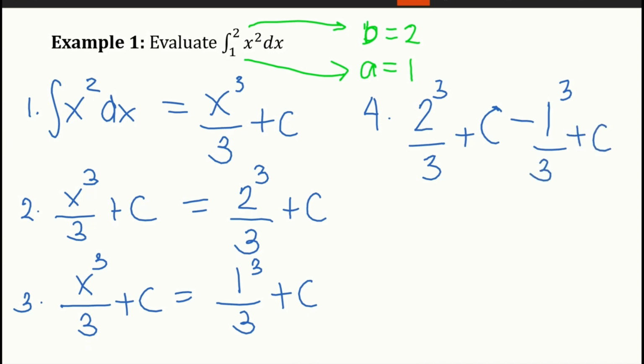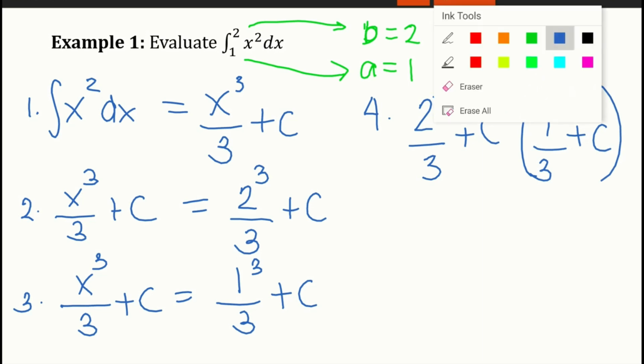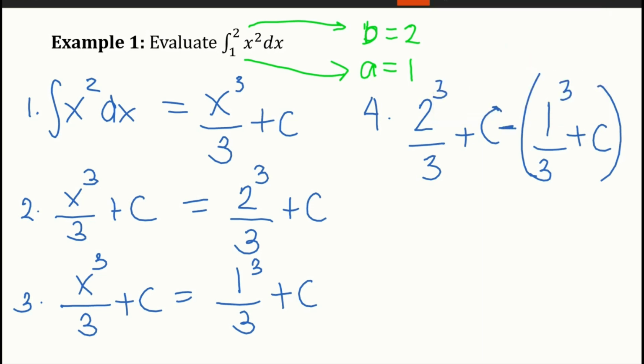So let's use parentheses because it will really make us confused. Let's use minus. And then let's evaluate. If we continue the process, this will be our answer. So the last step would be evaluating all of this.